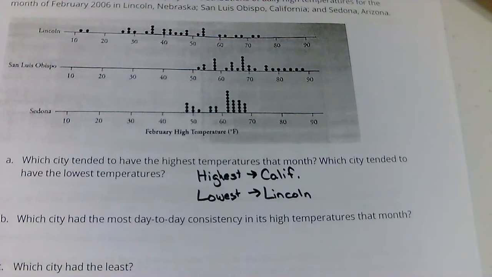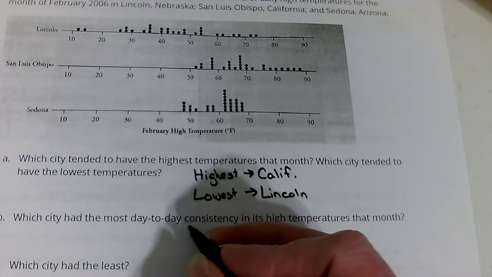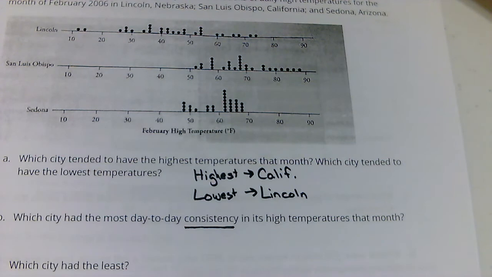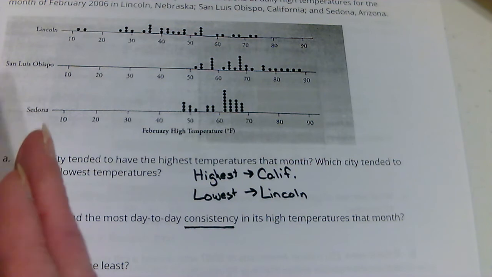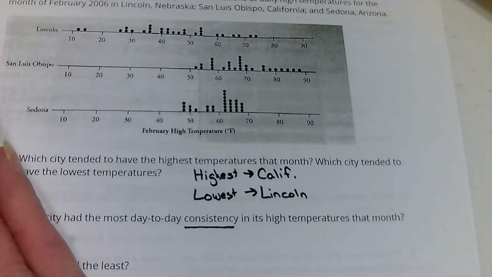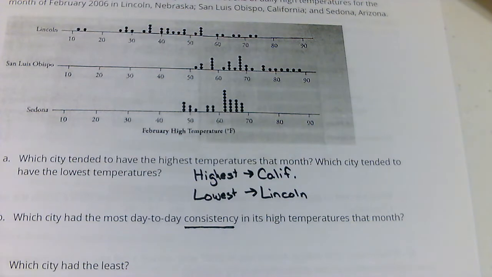Which city had the most day-to-day consistency in its high temperatures? So let's think about what that means, consistency. Consistency would mean that the temperatures are staying around the same number, not spread out very far. If it's consistent, it's staying around the same number.